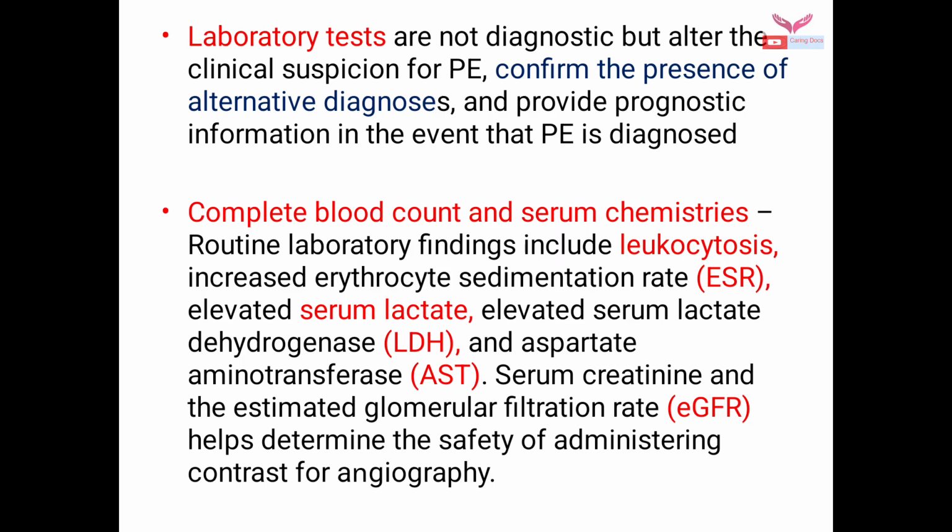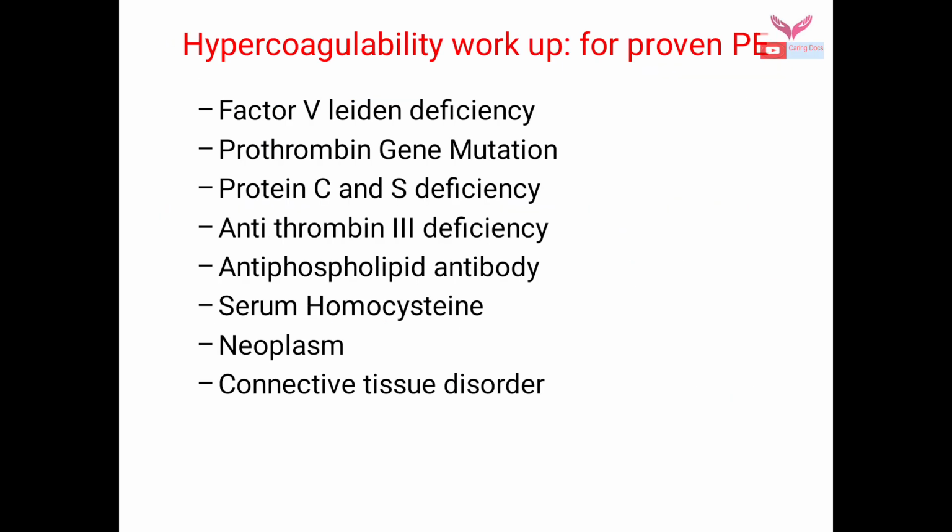Serum creatinine and estimated glomerular filtration rate help in determining the safety of administering the contrast for angiography. Then we do hypercoagulability workup for proven cases of pulmonary embolism where we suspect a genetic cause.